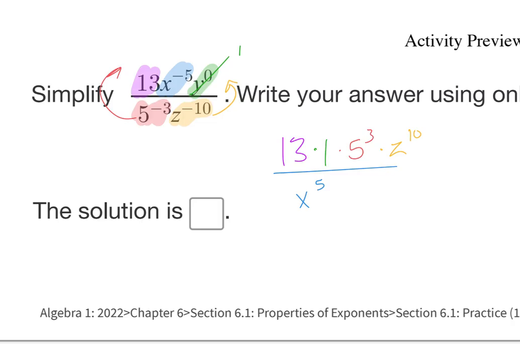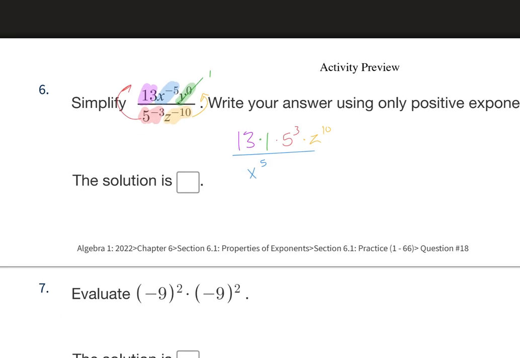Let's see, if you were to do 5 times 5 times 5, what is that? 125? And 125 times 13, let me pull up my calculator, is 1625. So our final answer is 1625 z to the 10th over x to the 5th. That was fun.